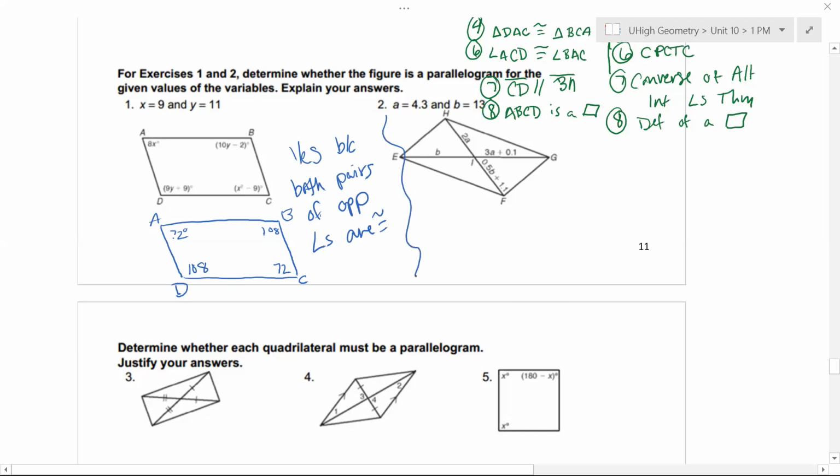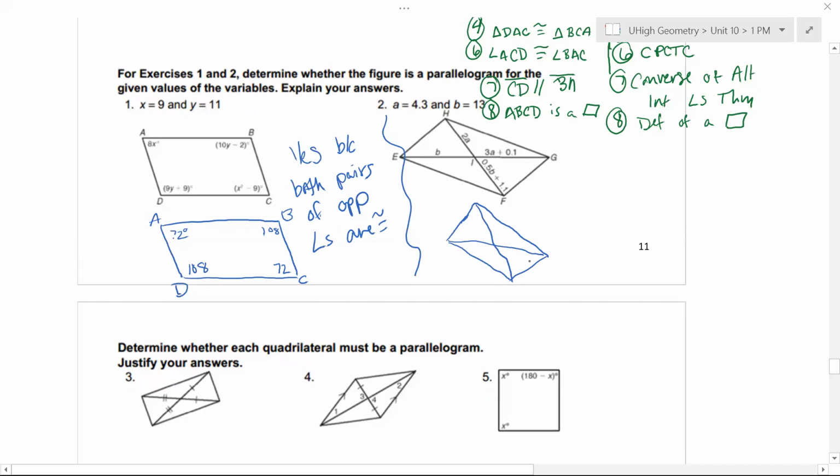In number 2, we are given measures for parts of our diagonals. So we're given half of our diagonals, and we have to determine, is this a parallelogram?